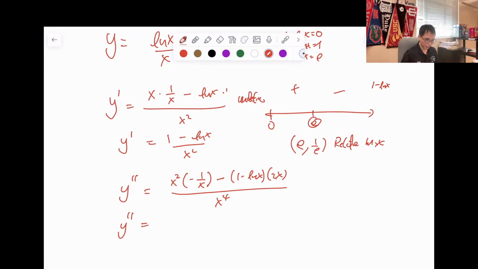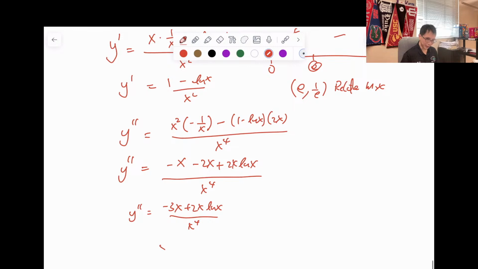Y double prime is going to be x times negative 3 plus 2 ln of x, after simplifying and factoring out x.